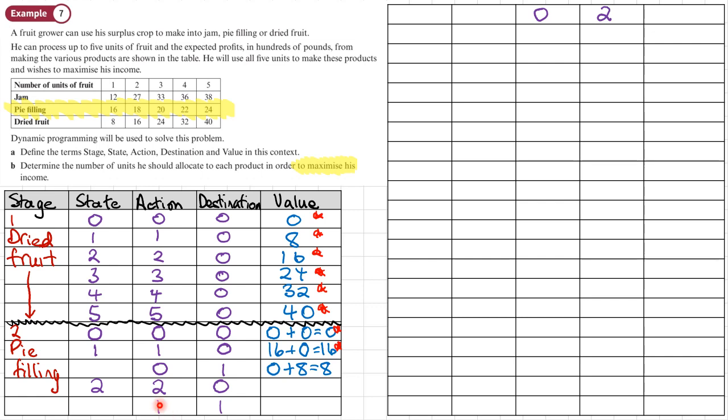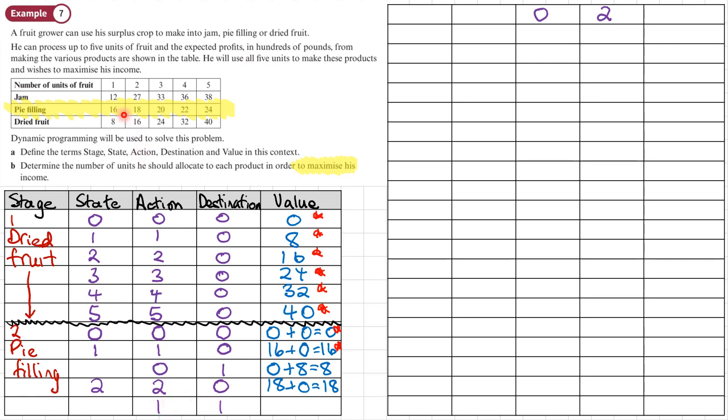Okay, so if we continue, if I use up 2 units in the pie filling stage, that's going to be 18, cost of 18. Oops, that needs to be in blue, 18. And then none to pass on to the next, so it's going to be 0, so 18 plus 0 is going to be 18. Remember, we don't star this yet. We need to work out what all 3 of these costs are, or values are, for this state. I use up 1, I pass on 1.